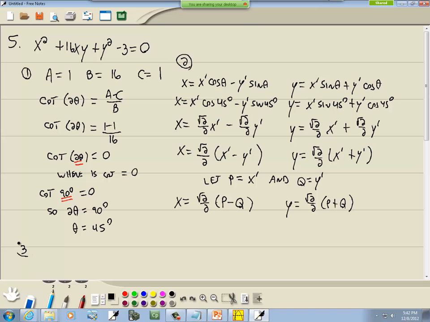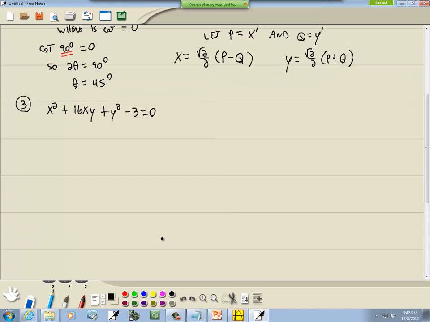So step 3. Well, our original problem was x squared plus 16xy plus y squared minus 3 equal to 0. Then we said x is equal to square root of 2 over 2 times (p minus q), so we'll plug that in for the x here. So we got square root of 2 over 2 times (p minus q), all of that squared, plus 16 times x times y.